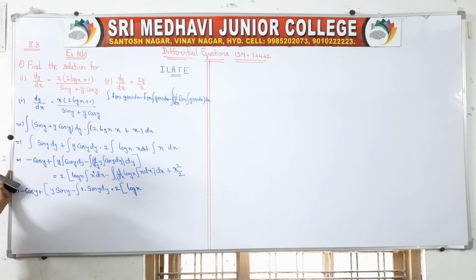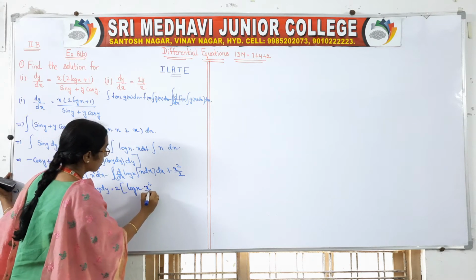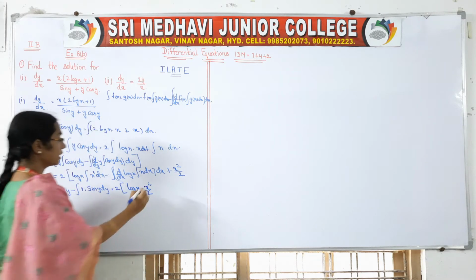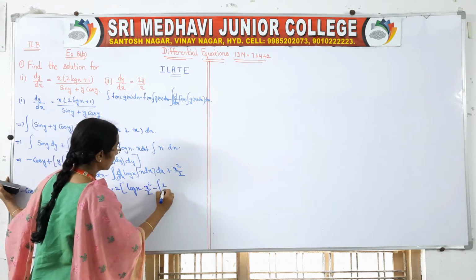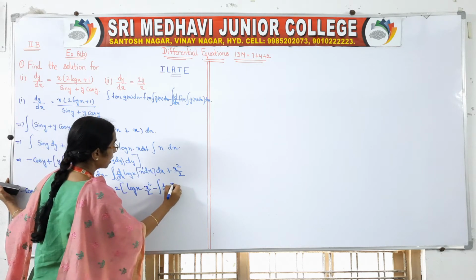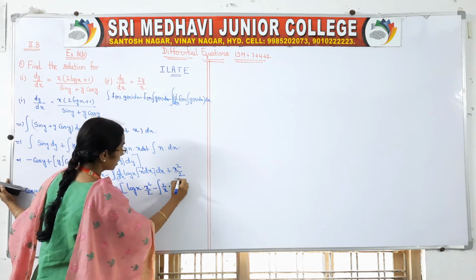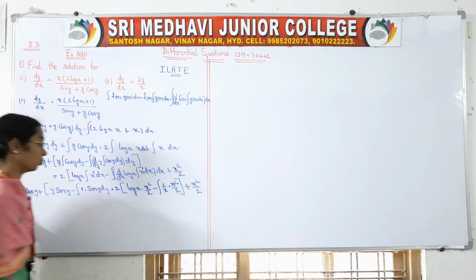So it belongs to the standard formula, integral x to the power of n is x to the power of n plus 1 by n plus 1. So it is x square by 2, minus d by dx of log x is 1 by x, and again it is nothing but x square by 2 plus x square by 2.